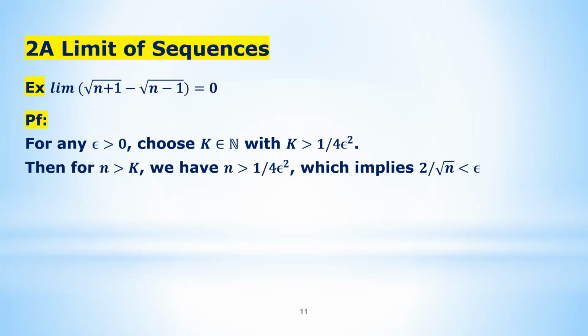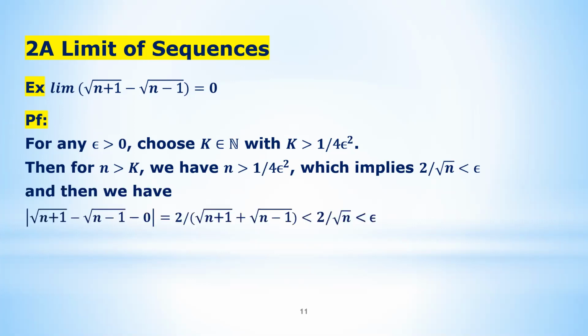This will imply 2 over square root of n is less than epsilon, and that's all we need, because this inequality will imply the final inequality. So square root of n plus 1 minus square root of n minus 1, which is equal to 2 over that, is less than 2 over square root of n, which is less than epsilon. And therefore this is proved.